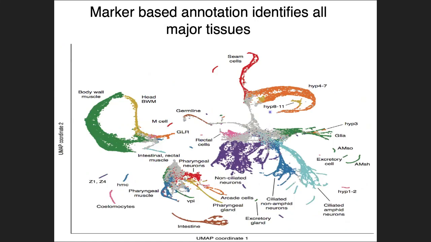And obviously, like people typically do in these atlases, we went through and used marker genes to annotate different tissues and cell types, right? So this is looking at the entire data set. You can see all the major tissues, muscle, skin, different types of neurons, intestine, and so forth, as well as more specialized cell types.